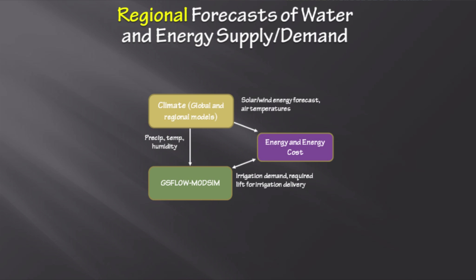And then the hydrologic model provides the depths, the groundwater levels, and the amount of surface water delivery. The difference between the demand and the surface water delivery is the amount of groundwater pumping that is required. So we can then use that information in our energy cost module to make a prediction of how much energy is going to be required in that forecast.